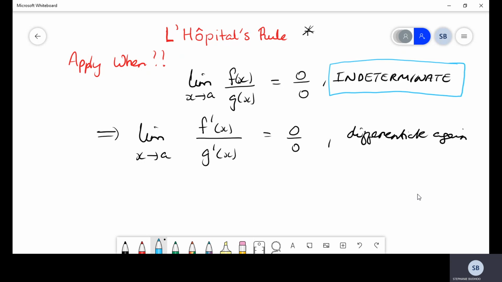If you get a case where you have like 1 over 0, you cannot use L'Hopital's rule. You can't, right? Because this is not an indeterminate form. So be very careful when applying this. You must get your 0 over 0, infinity over infinity. It must be indeterminate. Okay. All right. So let's look at an example of this application.